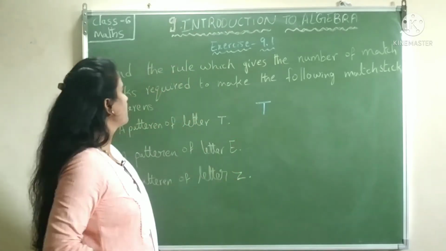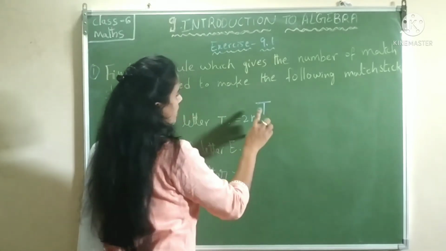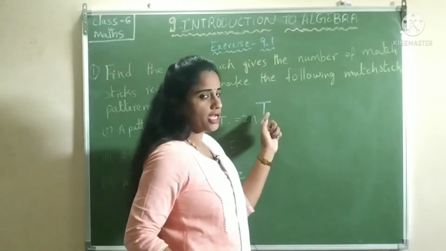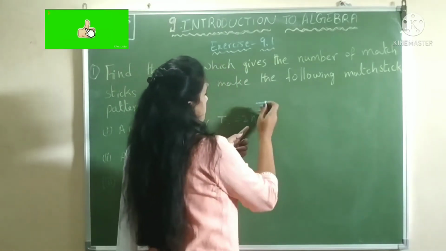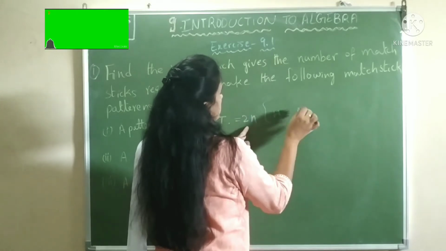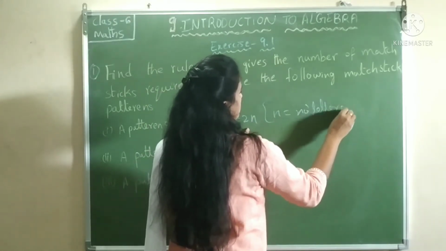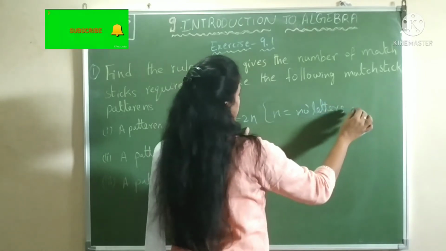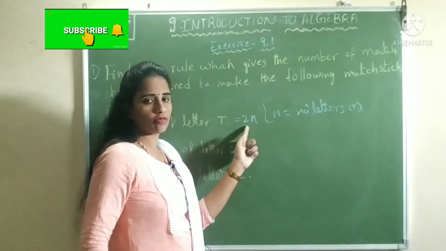So what is the rule here? 2n. How many letters are there? We don't know. Here n is equal to the number of letters, that is T. How many T's are there? We don't know.